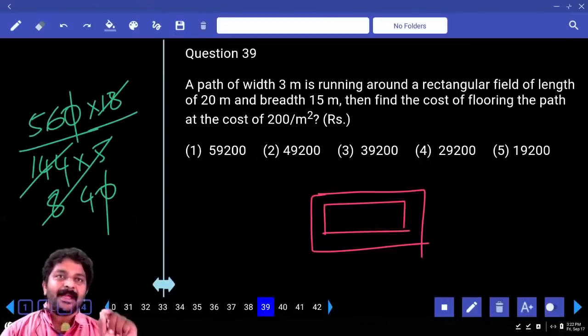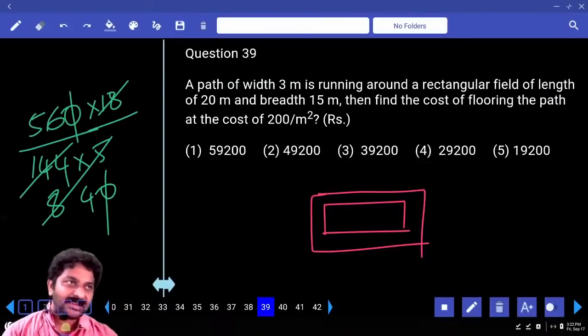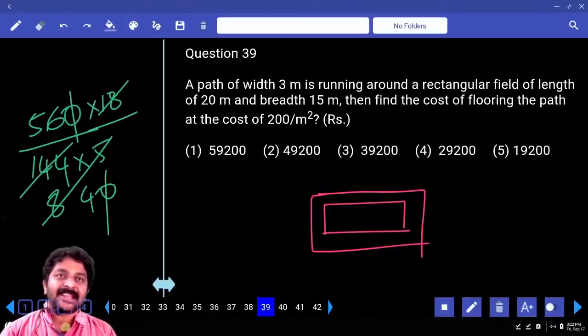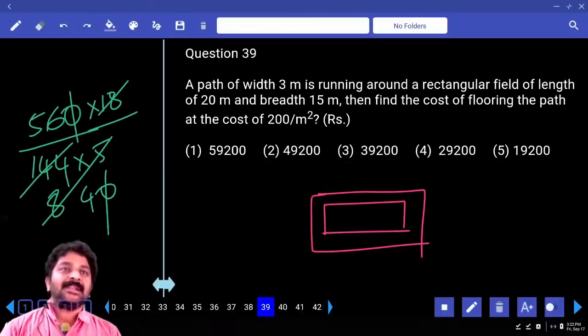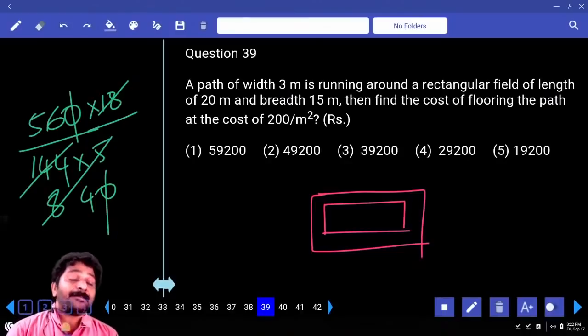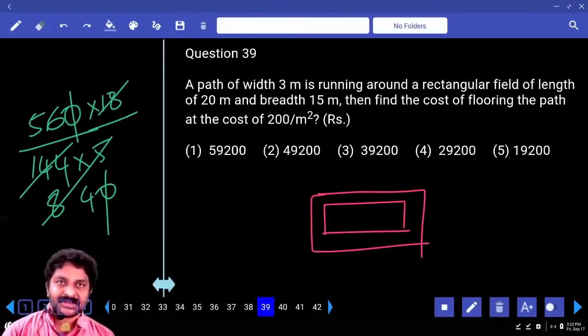If not mentioned, by default the path must be taken outside. Even in the case of simple interest and compound interest also. Without mentioning the type of interest, if you are asked to calculate interest on some principal at some rate of interest, what type of interest are you supposed to calculate? Simple interest. By default it is simple. If it is compound, they have to mention.